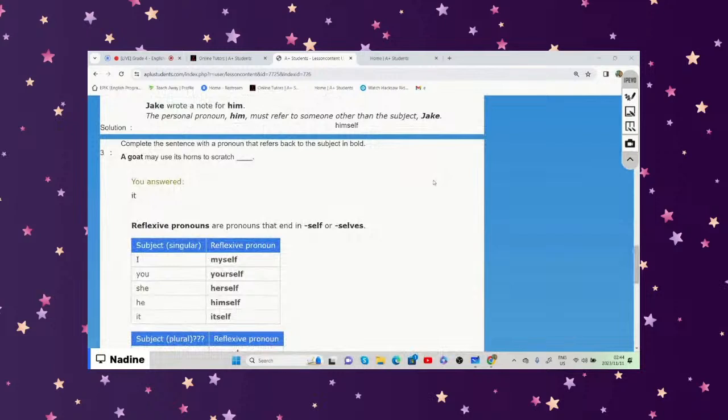And then a goat may use its horns to scratch. What is a reflexive pronoun that refers back to a goat?